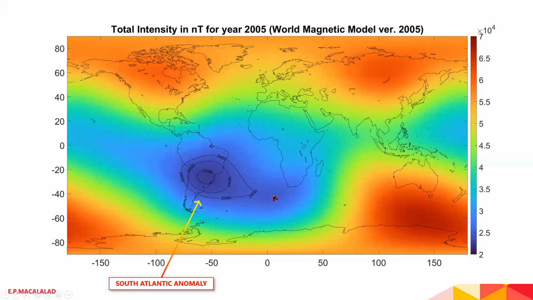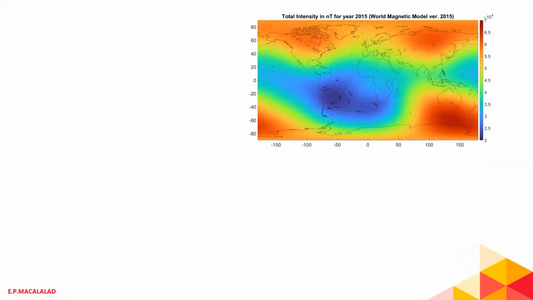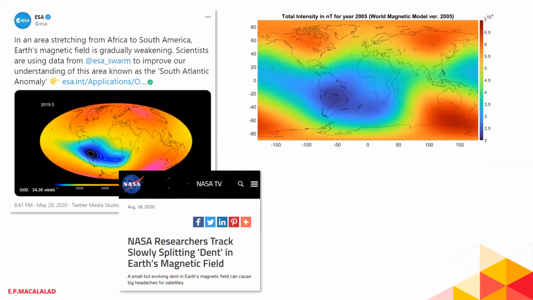So you notice the gradual differences, the gradual evolution of the South Atlantic anomaly. It appears, number one, that the South Atlantic anomaly is expanding, and it appears that it splits into two. This has been reported both by the European Space Agency and by NASA.